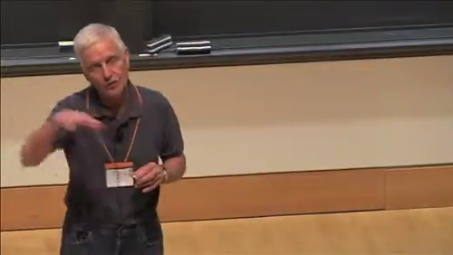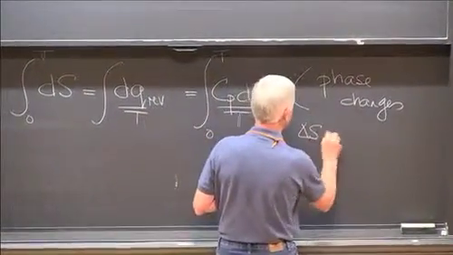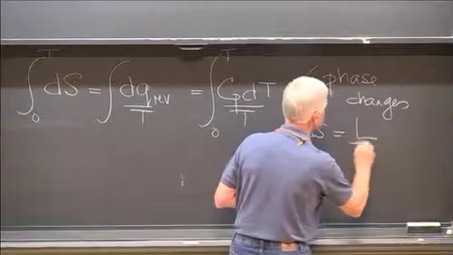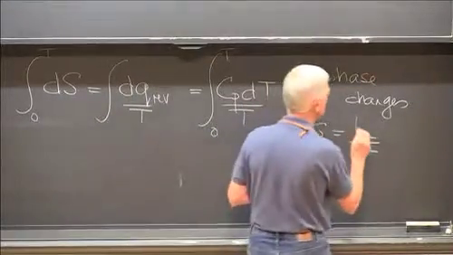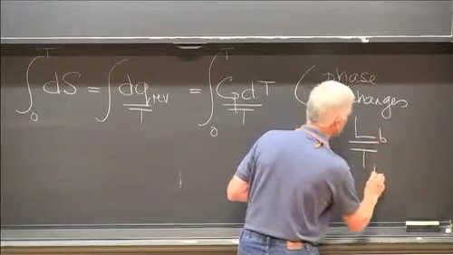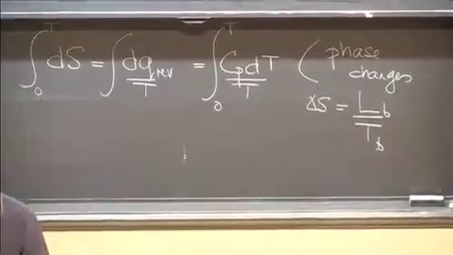And so we have to go through these various phase changes as well. And the entropy change at a phase change is the latent heat divided by the temperature of that phase change. So for example, at the boiling point, it's the latent heat of boiling, the enthalpy change of boiling, divided by the boiling point. So we have to include those as well.